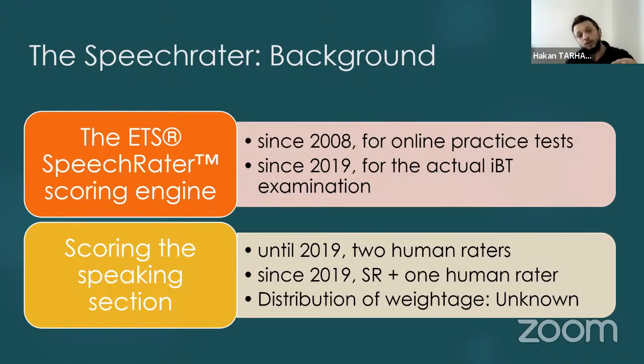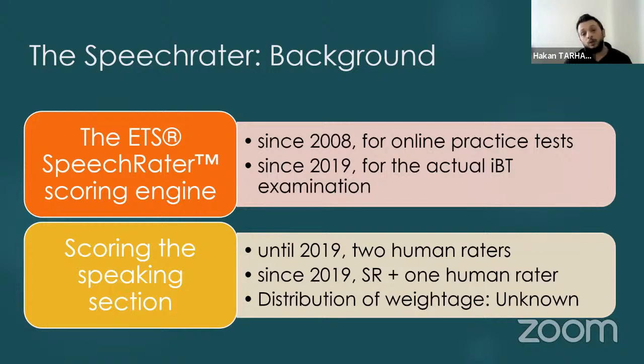They also say that the SpeechRater was an advantage because there were certain biases when they only used the human raters. So their conclusion is that the SpeechRater and the human rater working together can produce the best results.